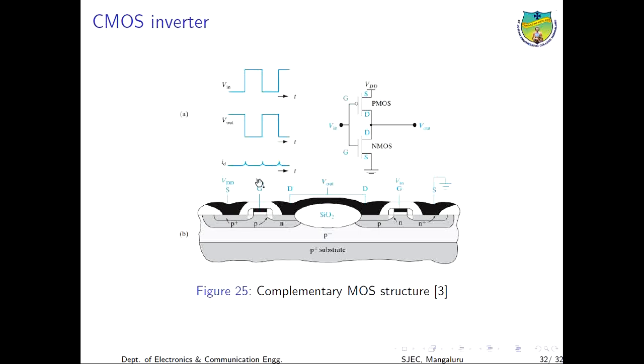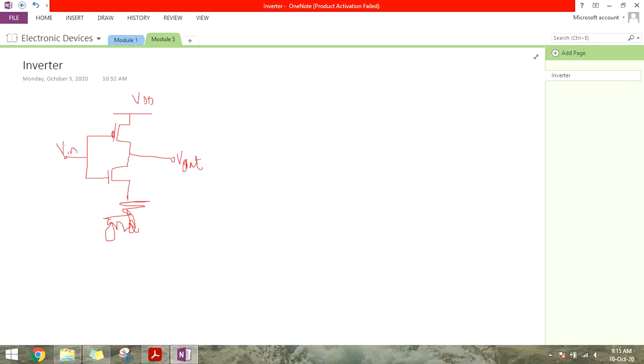Now here you can see the circuit diagram of the inverter where the gate terminals are interconnected. This is the gate terminal over here and the gate terminal over here. This is the PMOS, and over here it is the NMOS, and then we have the source terminal of the PMOS connected to VDD, and the source terminal of the NMOS connected to ground.